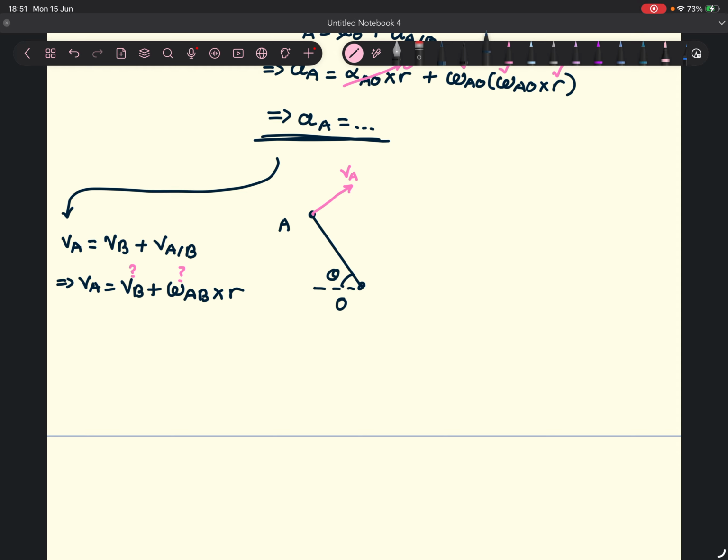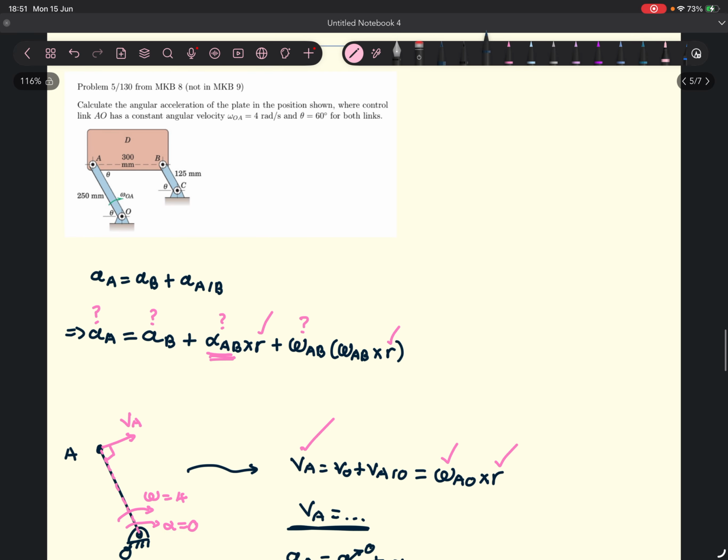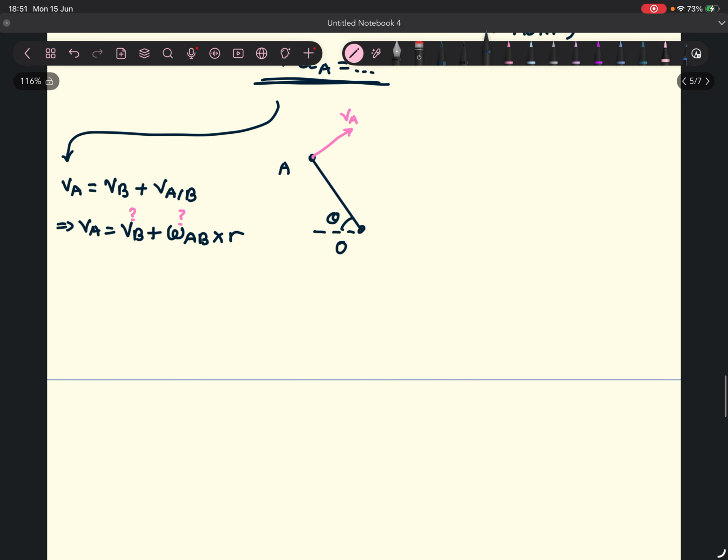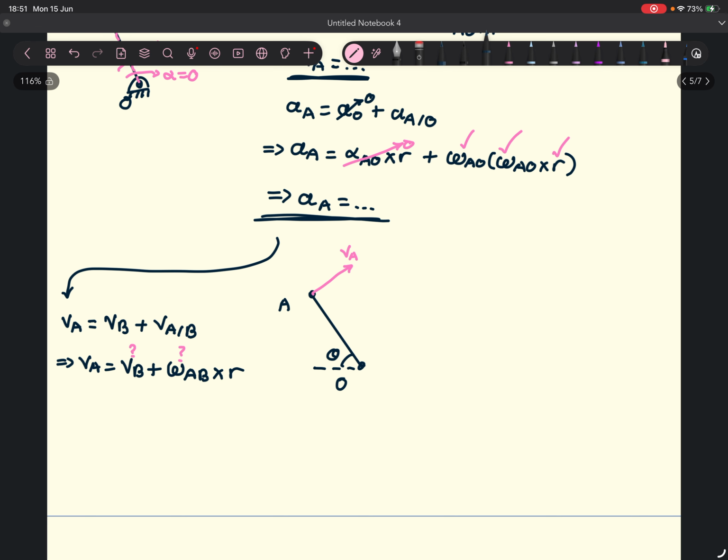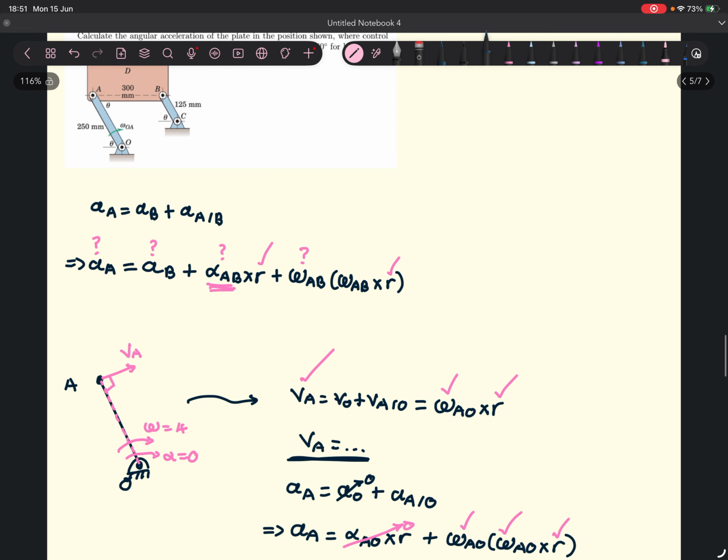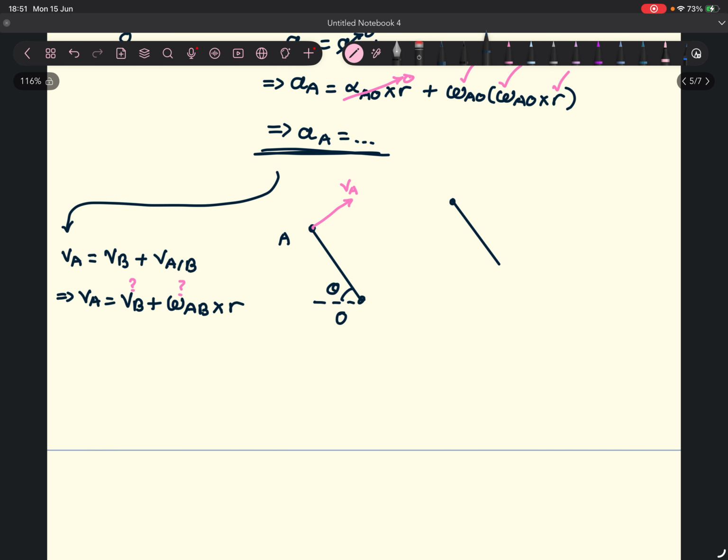So this is theta. And then I'm also going to draw link BC. And then this angle is also theta. And B can either go that way or that way. We're going to assume that we don't know the direction of VB.